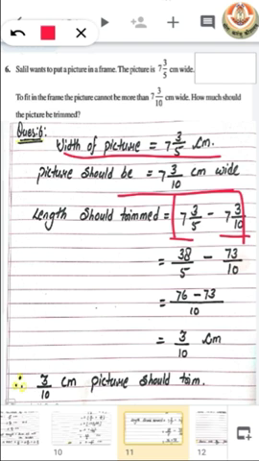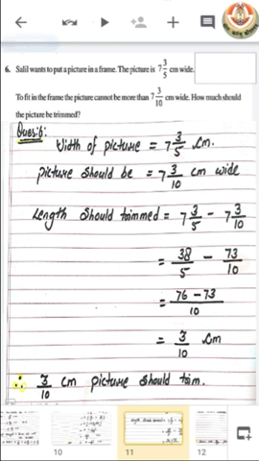For this we convert the mixed fractions into improper fractions first, then after taking the LCM we solve and get that 3 by 10 centimeter of the picture should be trimmed to fit into the frame. Class, we can see that all the exercise is based on just addition and subtraction of fractions.